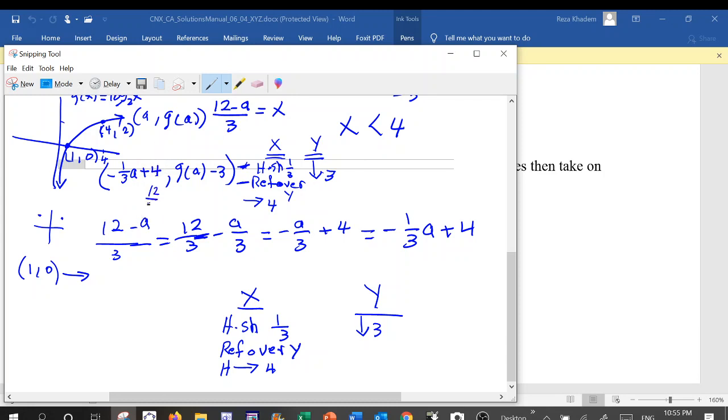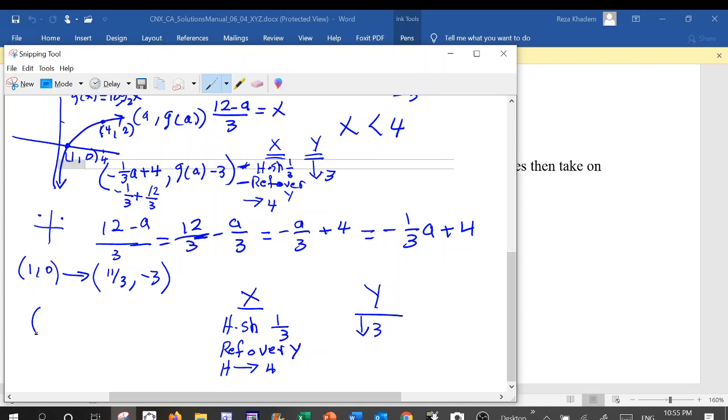So that's 12 over 3, and then plus negative 1/3. So that would be 11 over 3, right? So it goes to 11 over 3. And the y coordinate, you just subtract 3 from it. So it would be negative 3, because 0 minus 3 is negative 3. So that's where that point goes.